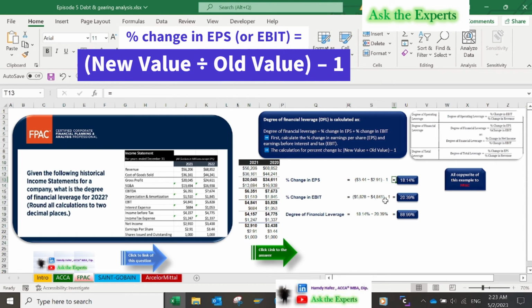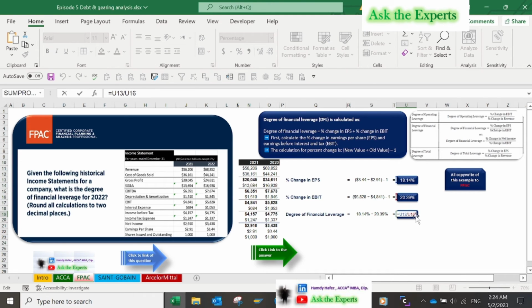First, calculate the percentage change in earnings per share, EPS, and earnings before interest and tax, EBIT, by dividing the new value of year 2021 by the old value of year 2020, then minus 1. Finally divide the 2% to get the DFL ratio.